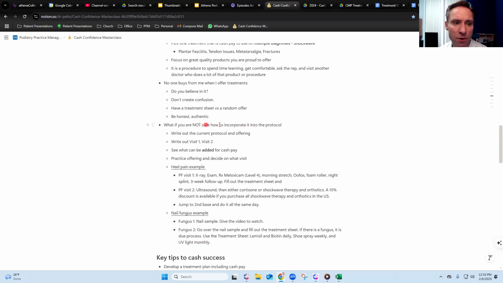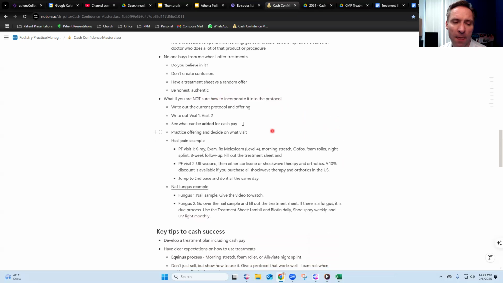What if you're not sure how to incorporate the protocol? I recommend writing out your current protocol and what you're offering, what you already do all the time. And I like the idea of putting it on sheets with visit one and visit two. I think if you can script out what your plans are for visit one and visit two, it's better, because visits three, four, and five are going to work on their own.